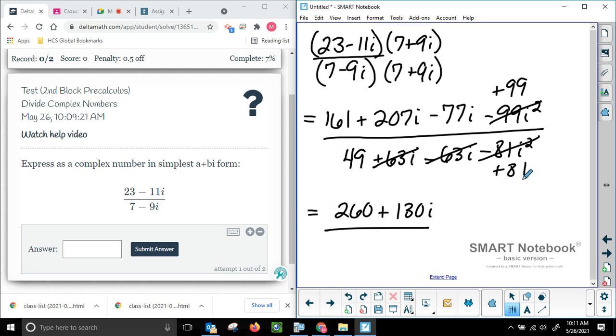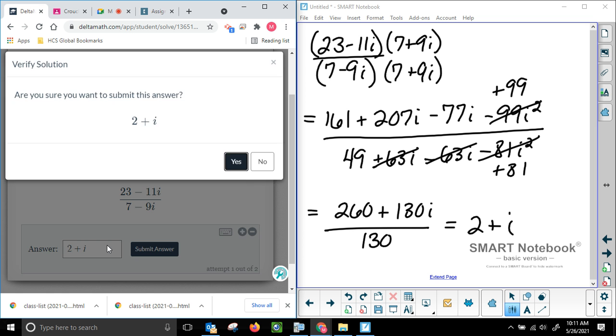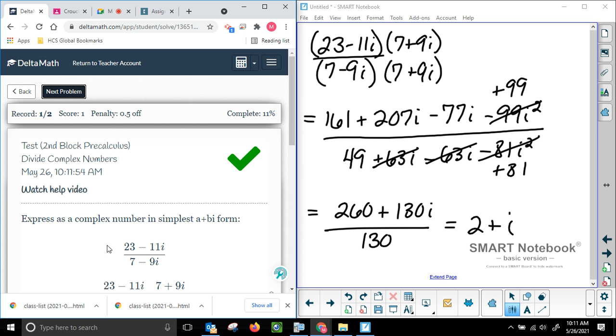And down below here, 49 and 81 are 130. Of course, this can be simplified nicely. 260 divided by 130 is 2, and 130i divided by 130 is just i. So here we can say 2 plus i. Voila.